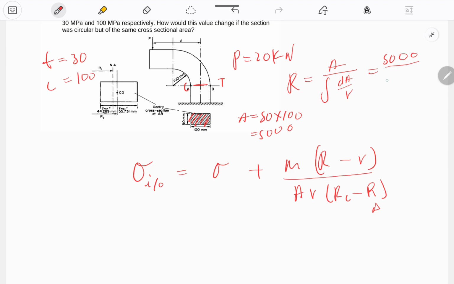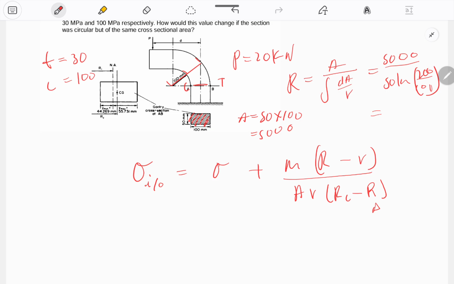Our b is 50, the big R from there to there is going to be 200, and small r is given here to be 100. Our big R is from here to there, right? We already know from here to here is 100, and here to there is 100. So that's how I got 200. Then I'm going to punch this in, 500 all over 50 ln of 2, is it?